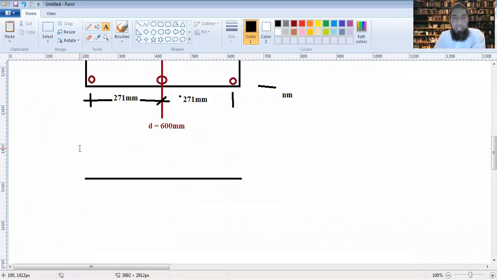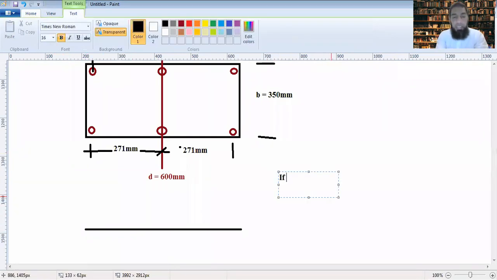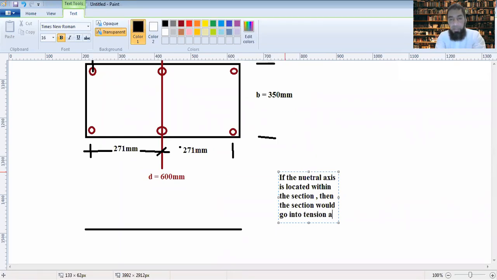So in this case, you first determine the strain profile of this section. If the neutral axis is located within the section, then the section would go into tension as well as compression.